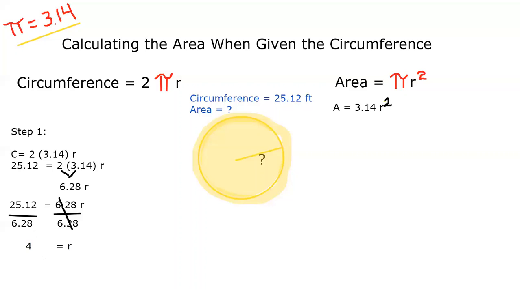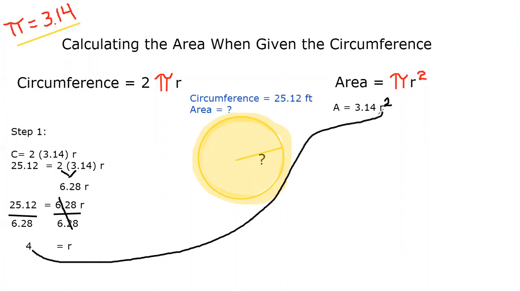is 4. We're now going to take the value of this radius and we're going to input it for that radius. So here we go. Do we know the area? No, that's what we're looking for.